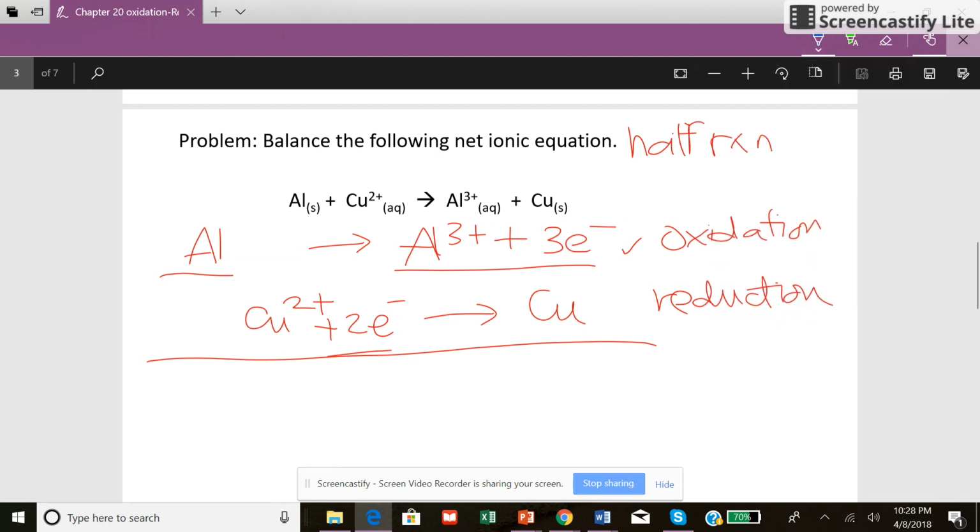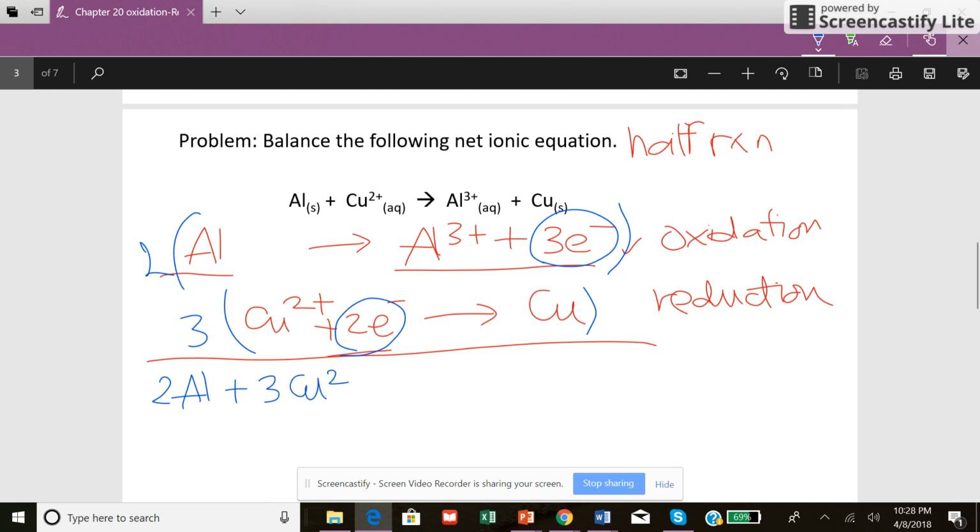Now if you try to add these two equations together, you can't directly add them right now because the number of electrons transferred are not the same. You have 3 in the oxidation reaction and you have 2 in the reduction reaction. So to make sure they're balanced, you have to make the number of electrons transferred equal. You have 3 over here, so you multiply by 2. You have 2 over here, so you multiply by 3. Now if you add it up, you will have 2 aluminum and 3 copper 2 ions.